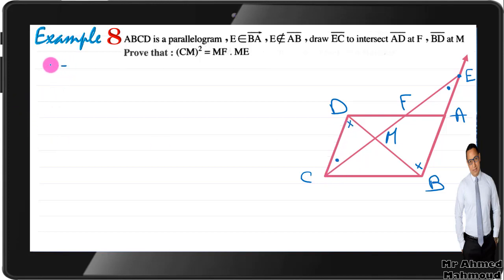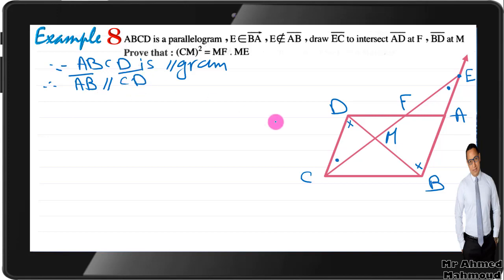Okay, since ABCD is a parallelogram, therefore AB is parallel to CD, as we see.